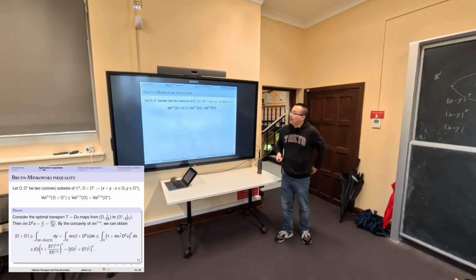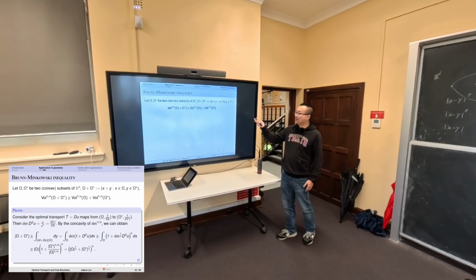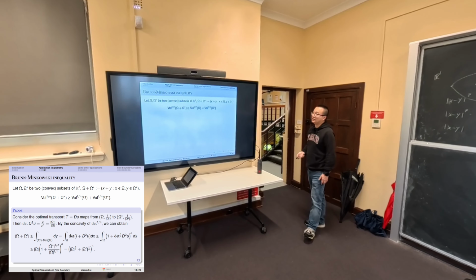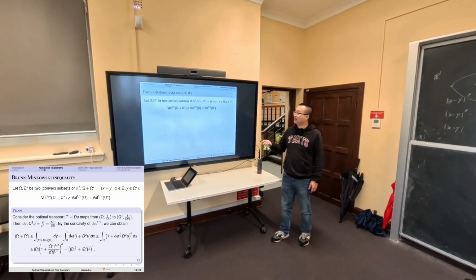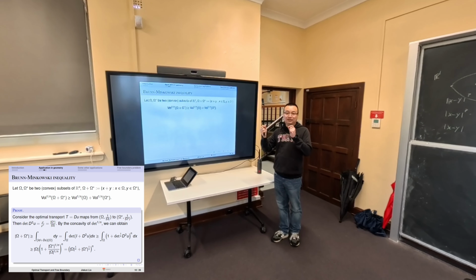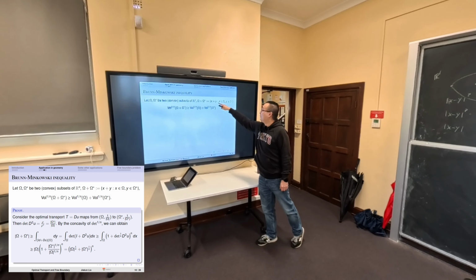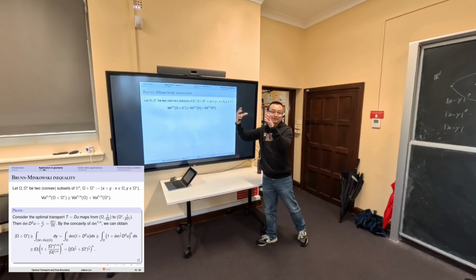All right. Actually, by using optimal transport, we can not only prove the isoperimetric inequality, we can prove lots of geometric inequalities. One other example is the Brunn-Minkowski inequality. So what does that mean? Assume we have two domains omega and omega star. We can define the sum omega plus omega star: for any x in omega and any y in omega star, we just put them together.